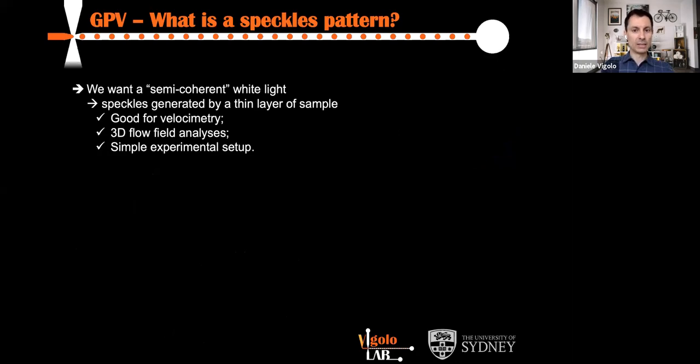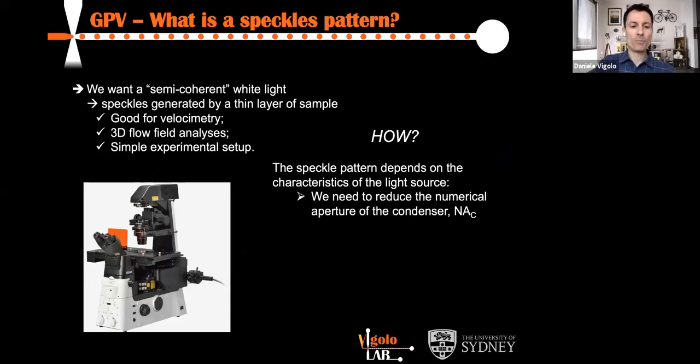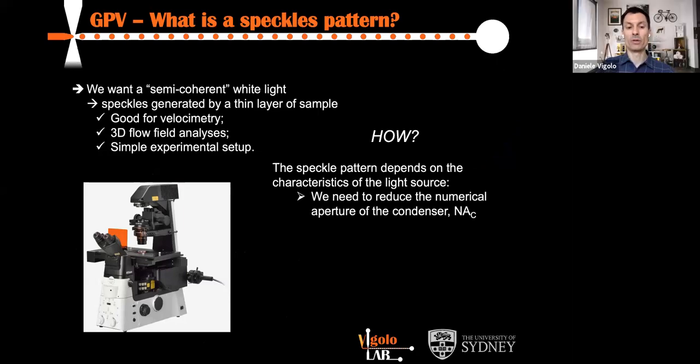And so in that case, we will be able to have velocimetry from a very small thin layer within the volume, which is very suitable for microfluidics, and it will simplify the setup. Now, in order to do this, we have to manipulate the numerical aperture of the condenser lens in a regular microscope.